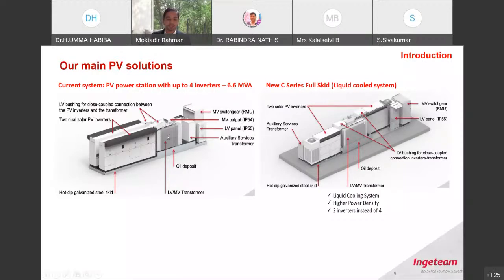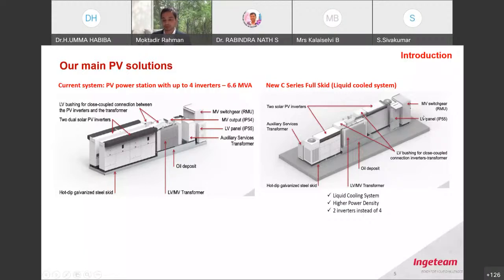It is connected with the transformer, the RMU and switchgear. It comes as a container solution that plugs directly into the grid. This is a plug-and-play solution that we normally provide globally.